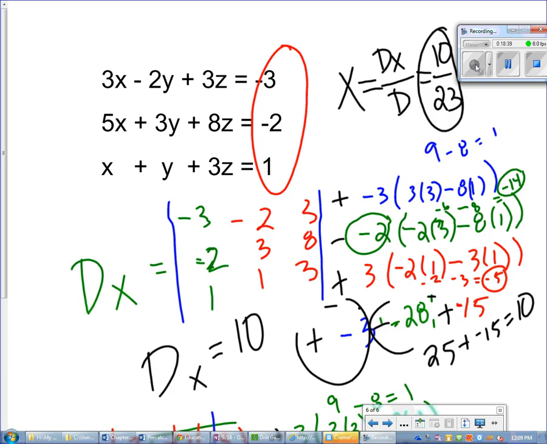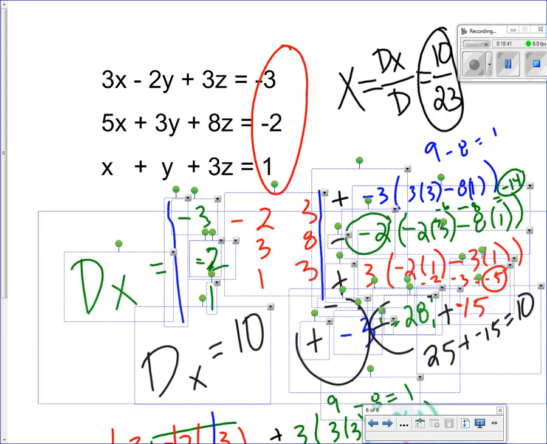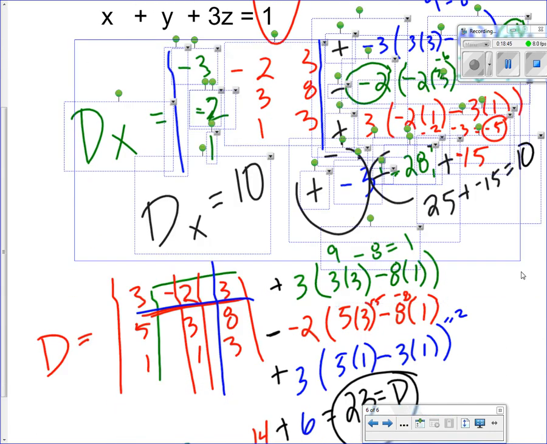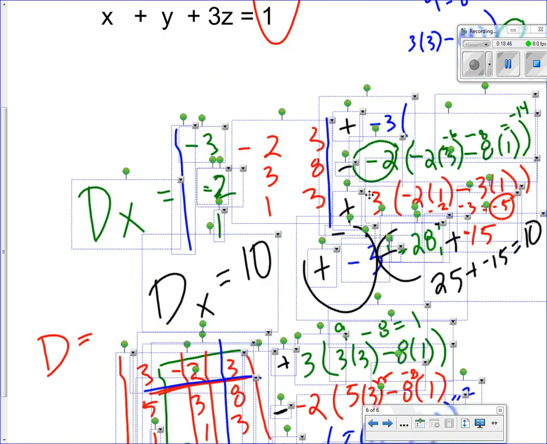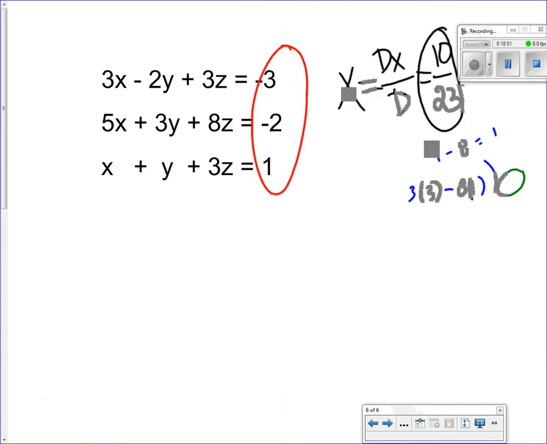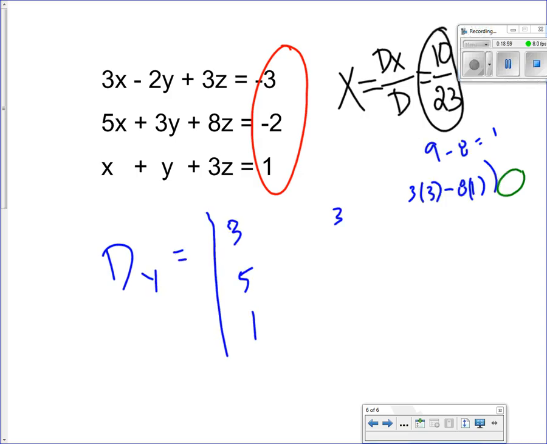Okay, so to set up the dy matrix, you will replace the y column with the constants, -3, -2, 1.